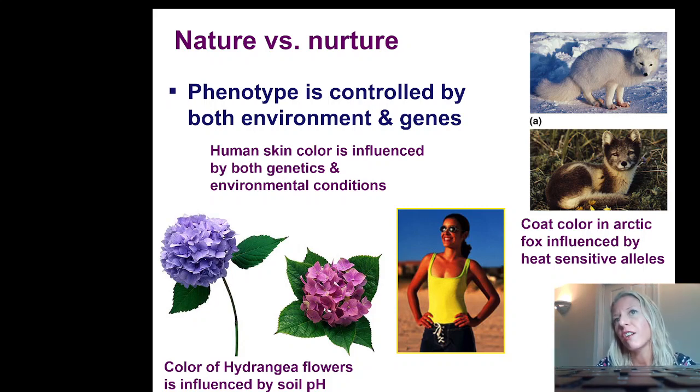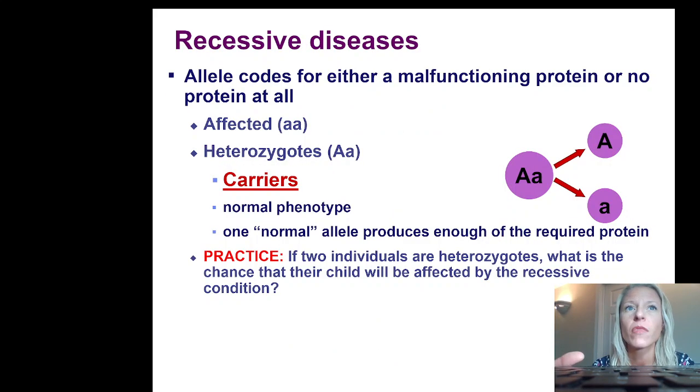Coat color in our Arctic foxes is triggered by heat sensitive genes. Which makes sense, right? They need to change their fur color to match their environment in the winter. So when these genes sense lack of heat, they get triggered to express, and then the fox changes its fur color. And then we have that example of the hydrangea.